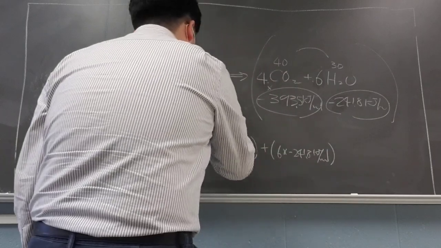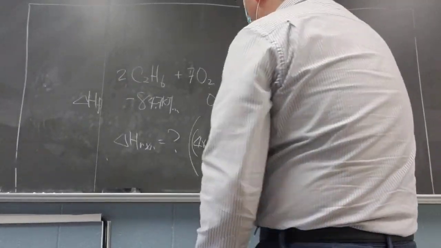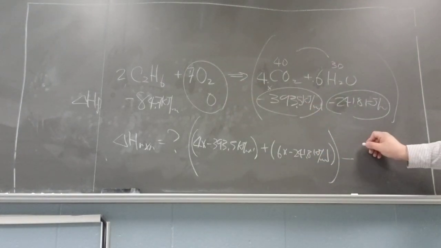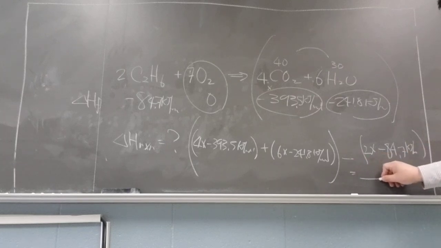So this is the sum of your products, right? Minus, this is not gonna affect much because it's 0, but just minus 2 times negative 84.7. And that is your answer right there.